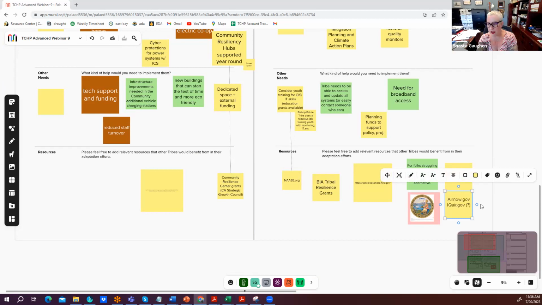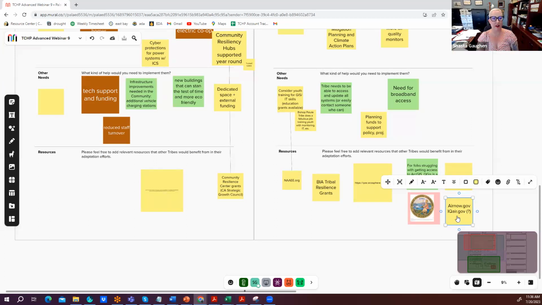Red obviously being high risk, green being everything is fine. And it's just cute little flags. You could put them outside your fire station, your tribal administration building, or by the school, so the kids see them, the teachers see them, and the parents and caregivers see them when they come to pick up their kids.